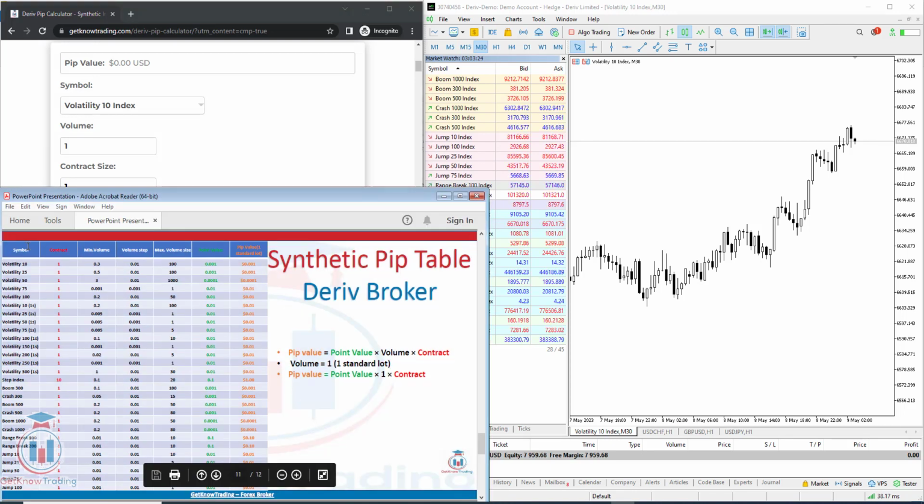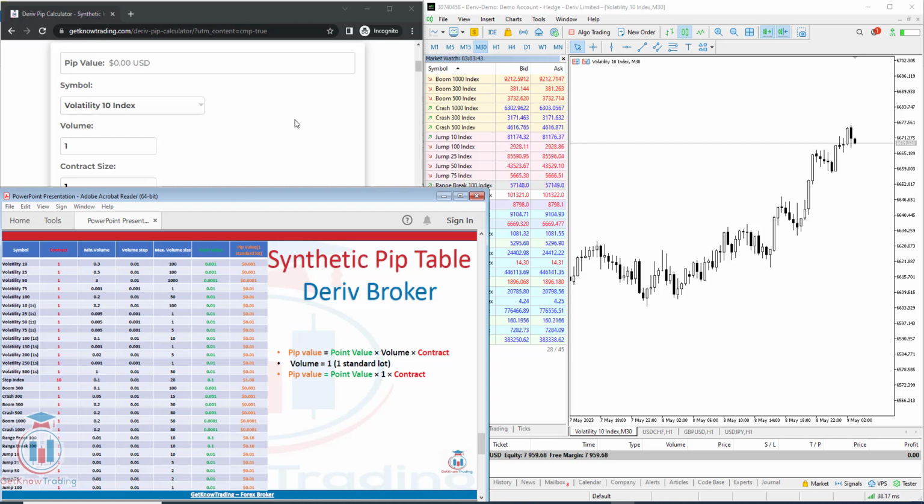For example, this table is from a derivative broker, so you can see all details here. I have extracted everything from the trading platform and also from the broker. So this table can help you in your calculation to put the correct values for each of these symbols.